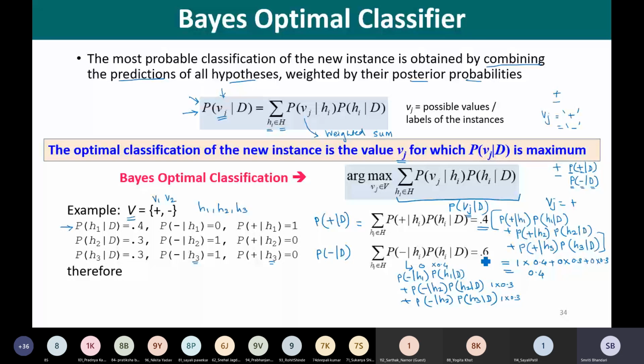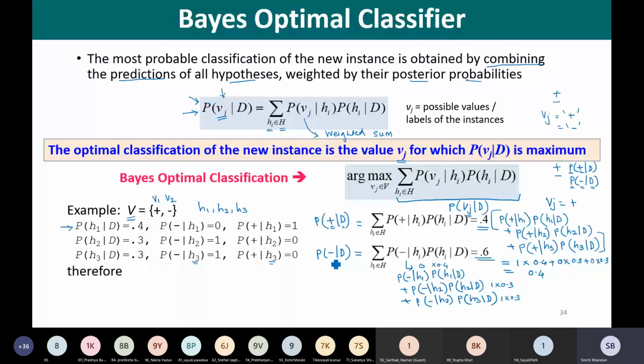So considering all the hypotheses, the weighted sum, the probability that my sample belongs to class positive given data D is 0.4 and the probability that my sample belongs to class negative given data D is 0.6. Right?